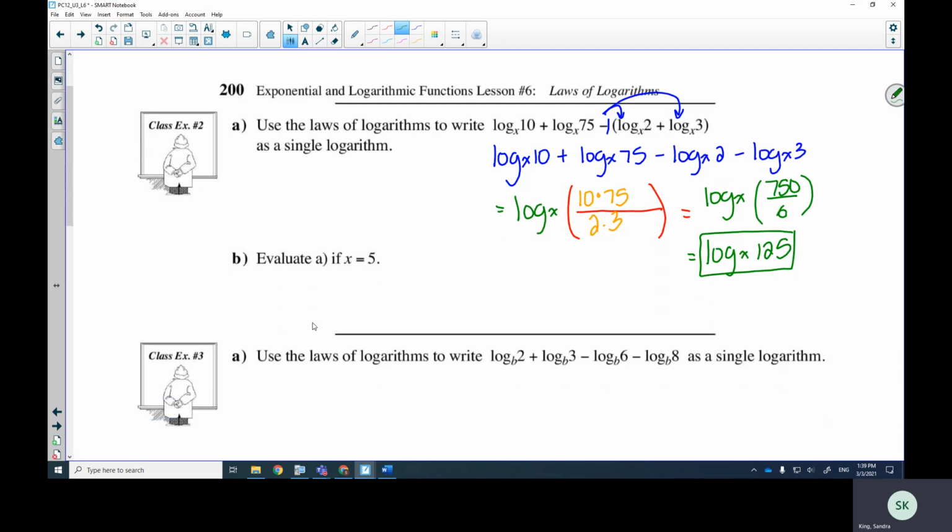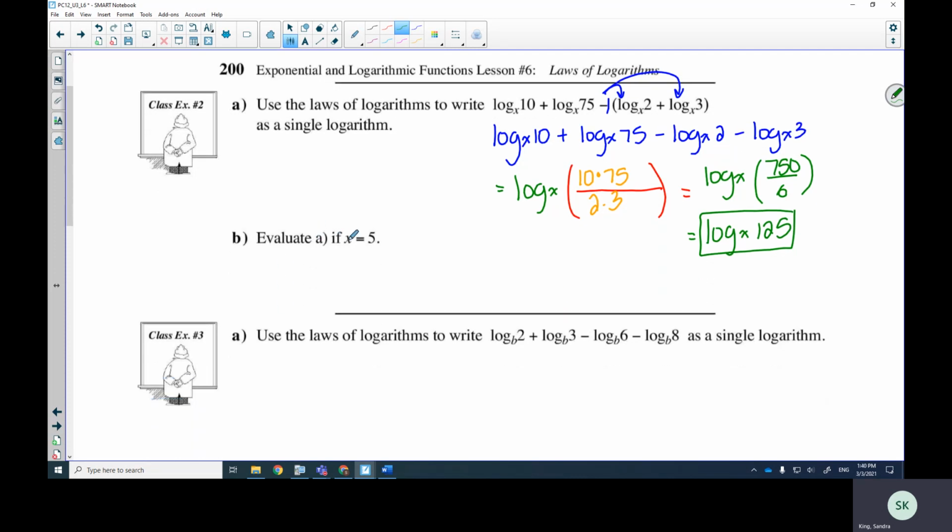Now what they say for B is evaluate if x is equal to 5. So let's take out this x and let's put in a 5. They want my base to be 5. So we'd say, okay, the log base 5 of 125. I'm just going to put an x here. A lot of you will be able to do this in your head.